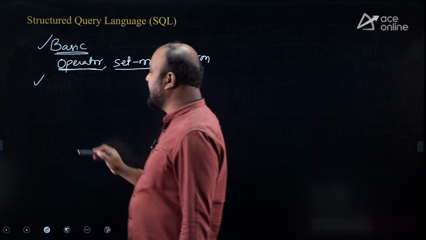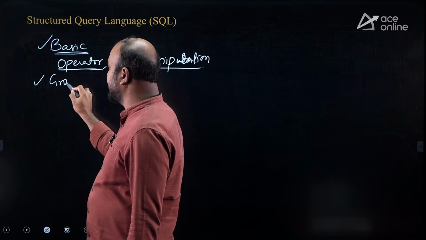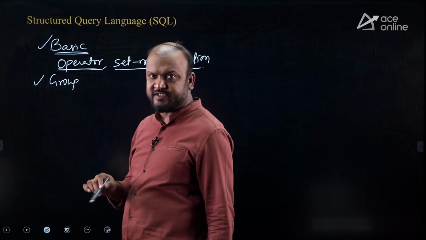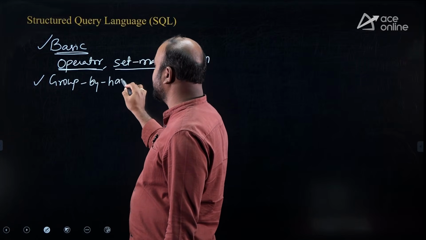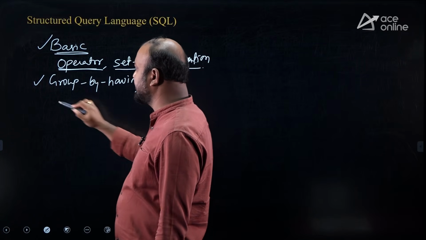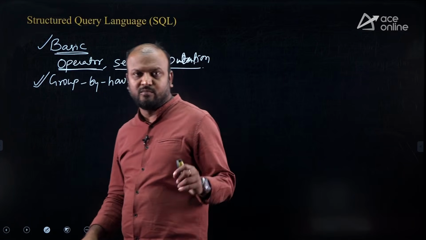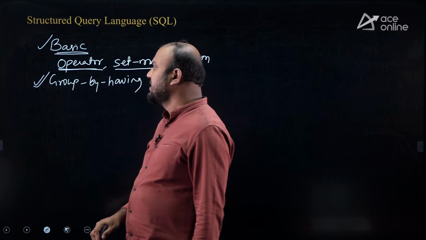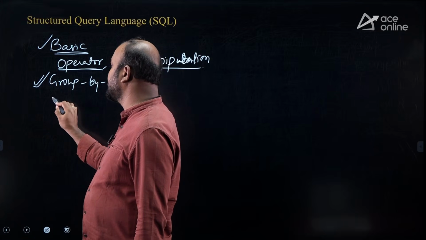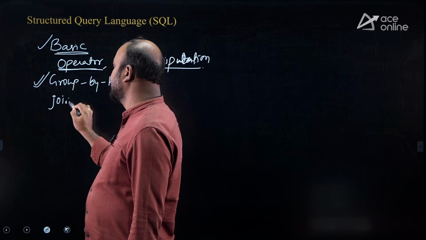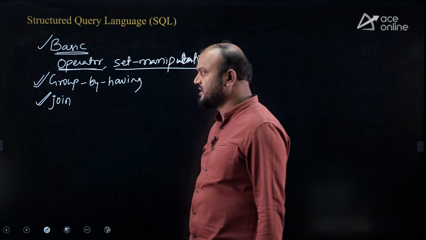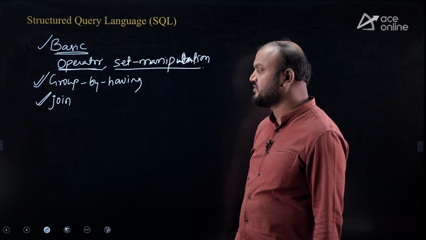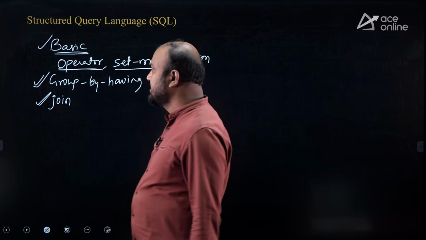And we have questions on group by and having. Something like 2 to 3 questions were asked on group by and having clause. This is a bit more important. And then we have questions on joins. You will be given tables of data and a join query and asked to find the output of the query.